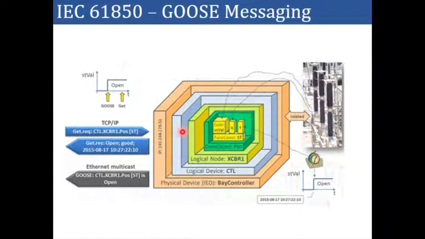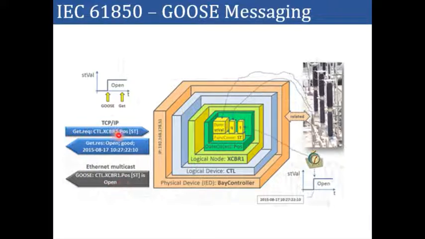Suppose there is an opening of the breaker at certain times, then whenever the breaker open happens, the Ethernet multicast message will be originated. So the GOOSE message will be generated with the value as open, and the message will be for CTL.XCBR1.POS. So whenever there is a change in the status of the breaker, a GOOSE message will be generated which says that the status is open.